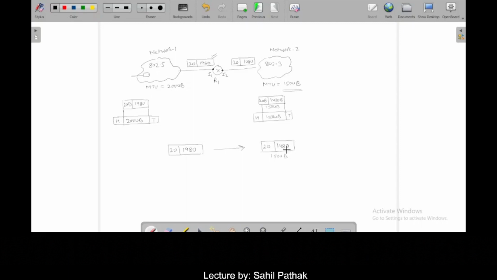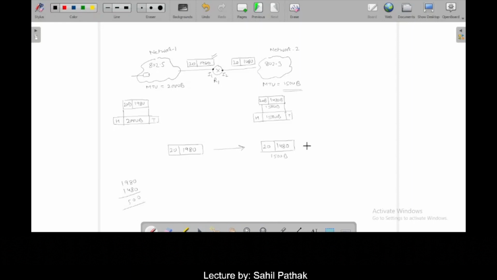So how much data is left? That is 1980 minus 1480, which is 500.